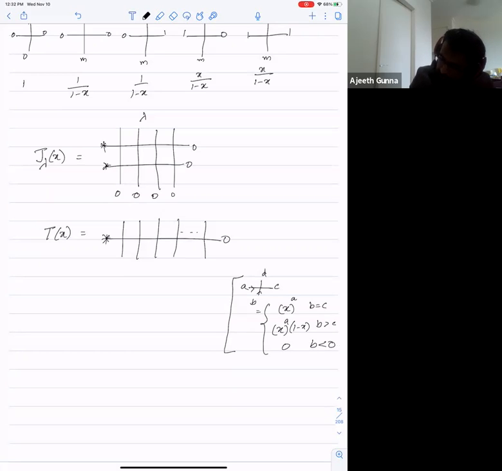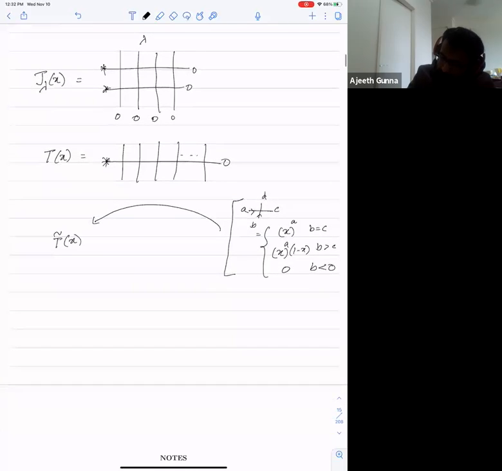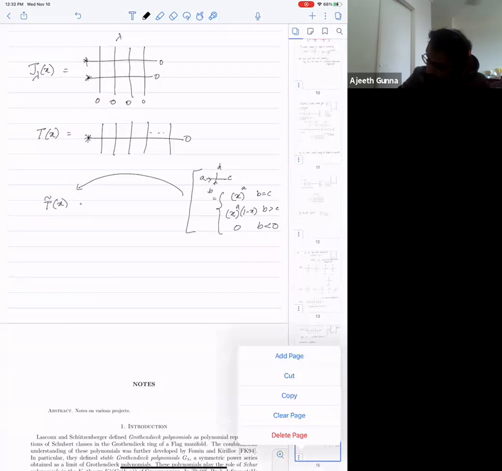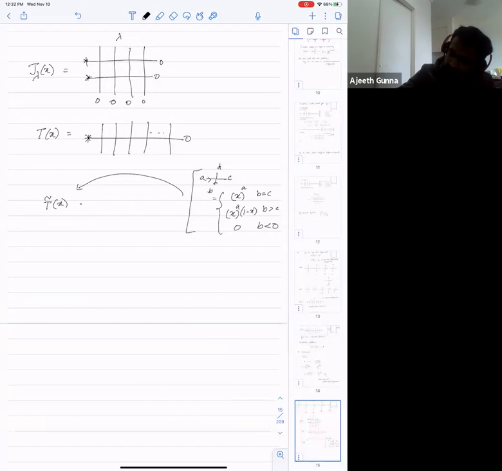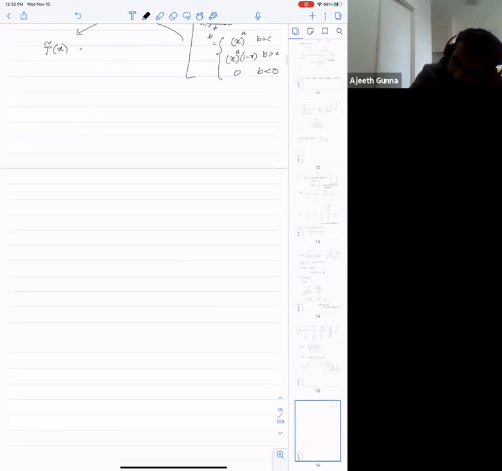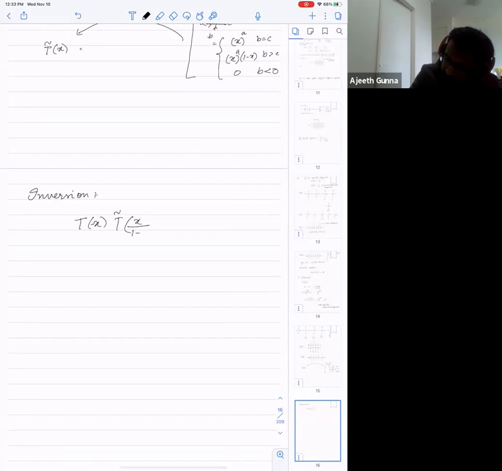Let me denote the transfer matrix built from these vertices as T tilde of x. A similar inversion relation holds for these polynomials, which is T of x times T tilde of minus x over 1 minus x.